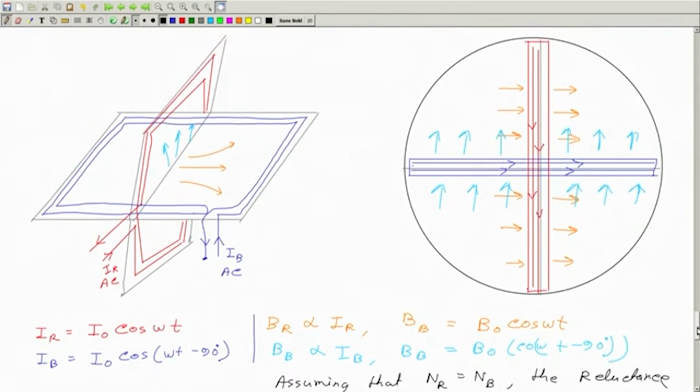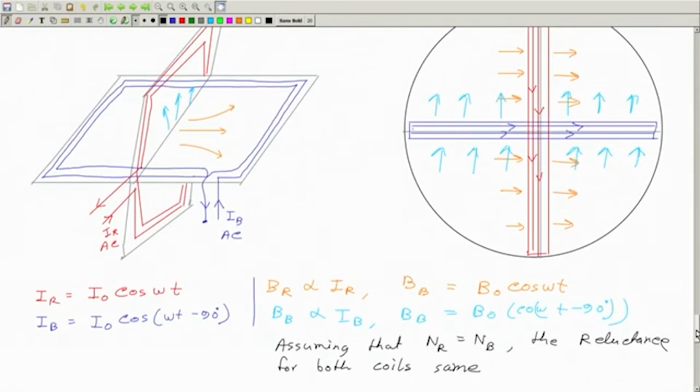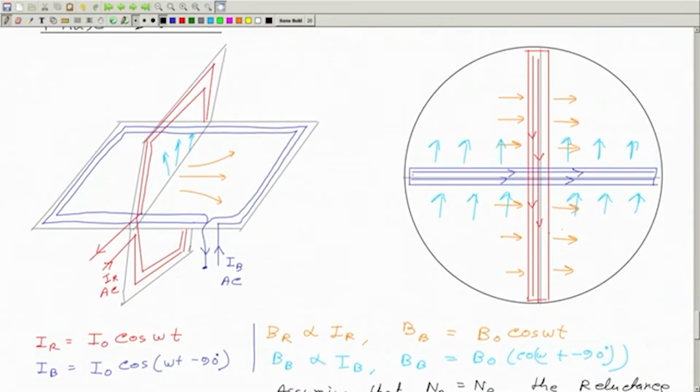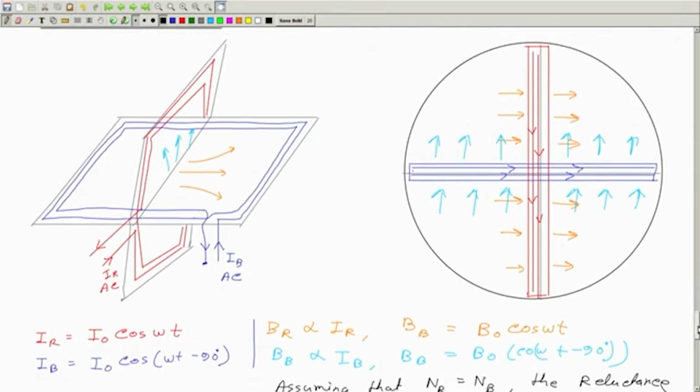Now let's see how these two flux lines add up together. Okay.